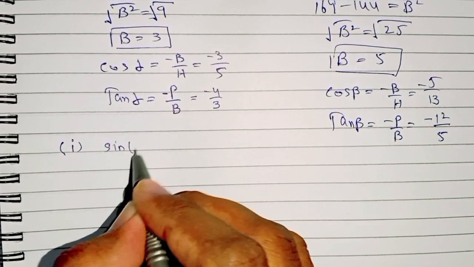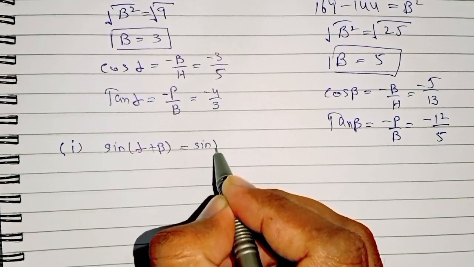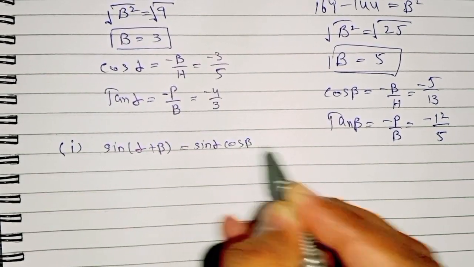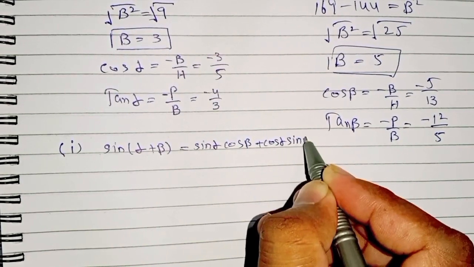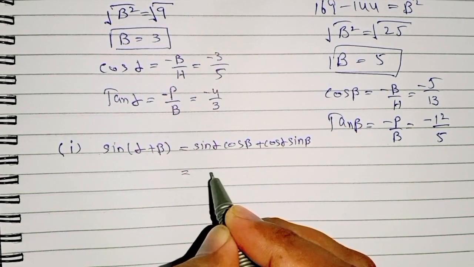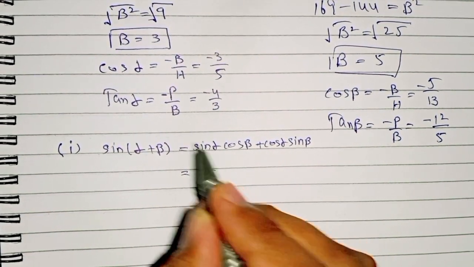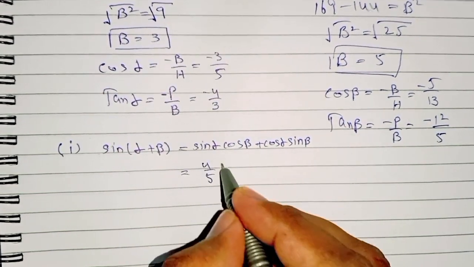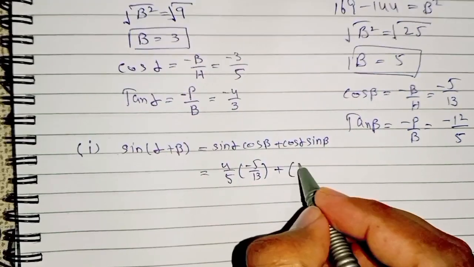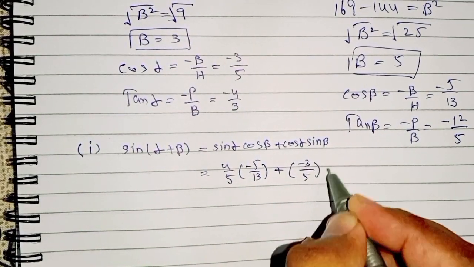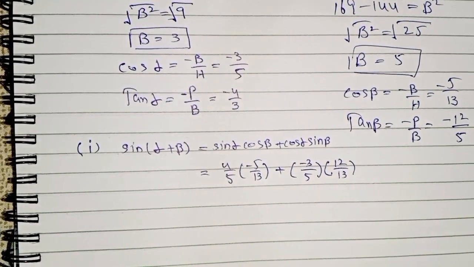Sine of alpha plus beta is equal to sine alpha cos beta plus cos alpha sine beta. Putting the values: sine alpha is given as 4 over 5, and cos beta we have found is minus 5 over 13, plus cos alpha, minus 3 over 5, and sine beta given as 12 over 13.